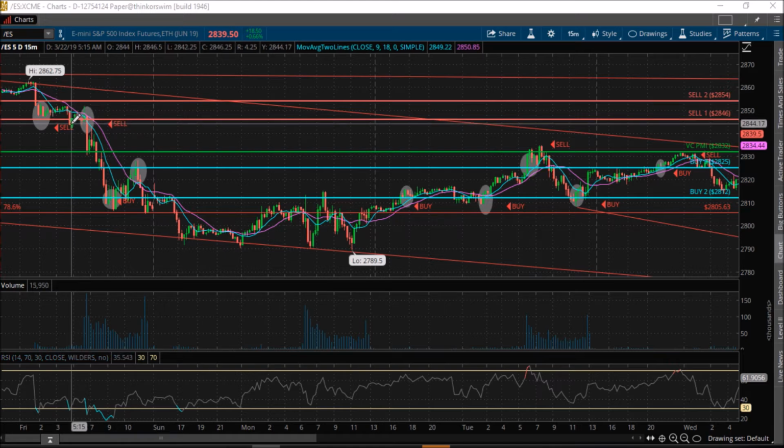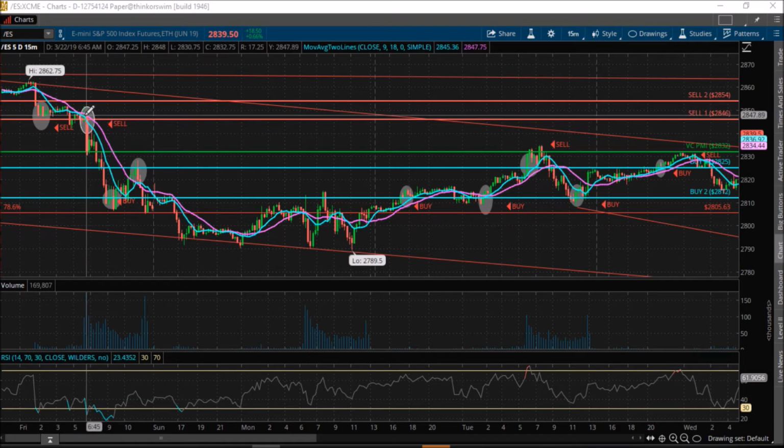The close was here at 46.25. The stop was 48.25. Okay? You wait to go back to neutral again. You wait for the price again to close below. This time it closed at 28.47.25.